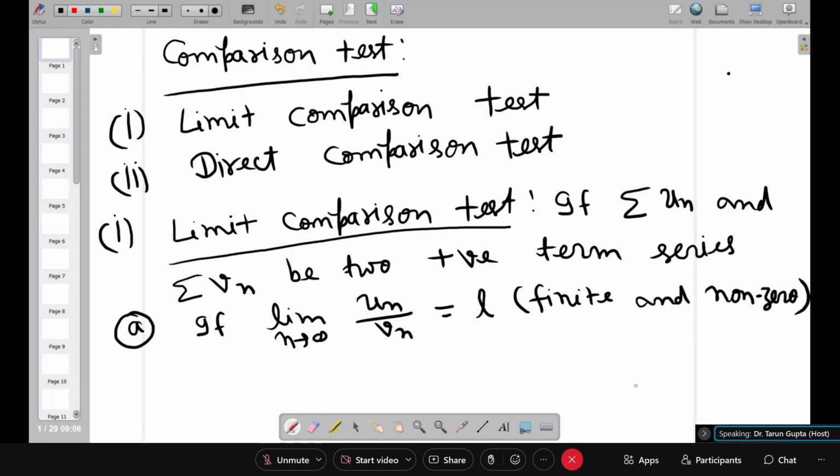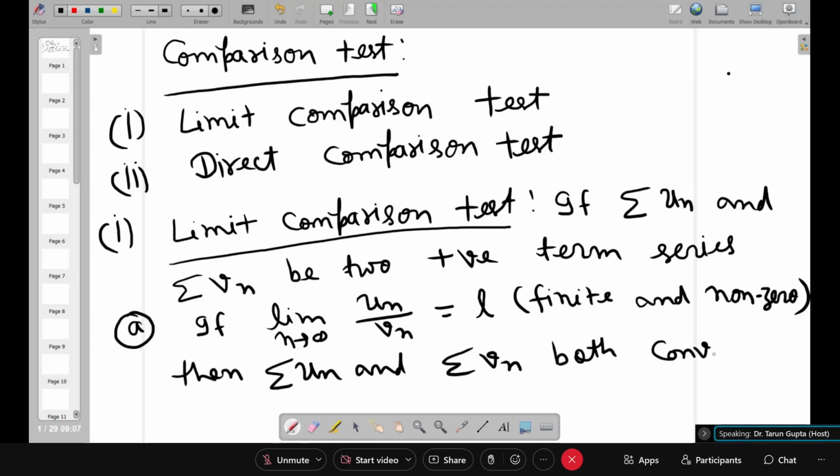If we have two series, summation un and summation vn, and if we take the limit of un upon vn, then if we get a finite, unique and non-zero value, then by limit comparison test, both the series converge or diverge together.